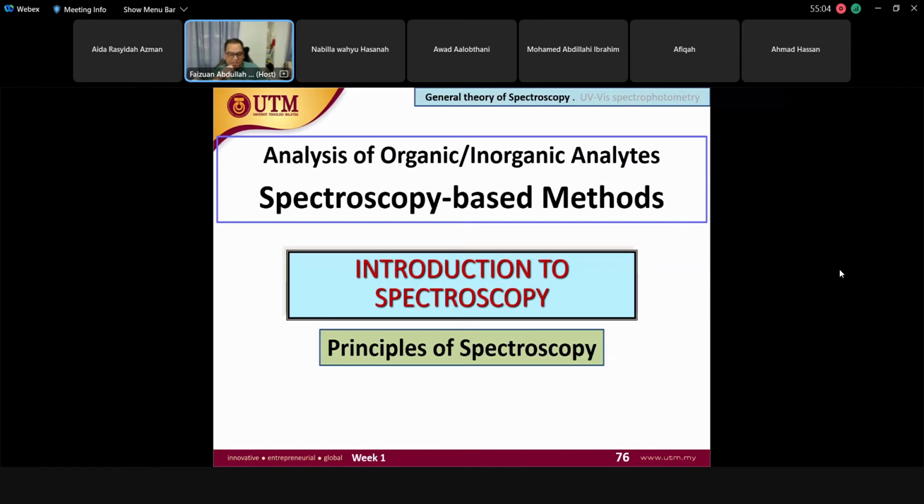Okay, right, guys. For your information, starting from 1st of April 2022, the government of Malaysia has declared that the pandemic stage of COVID-19 has ended in Malaysia, and it is now the transition stage to endemic.